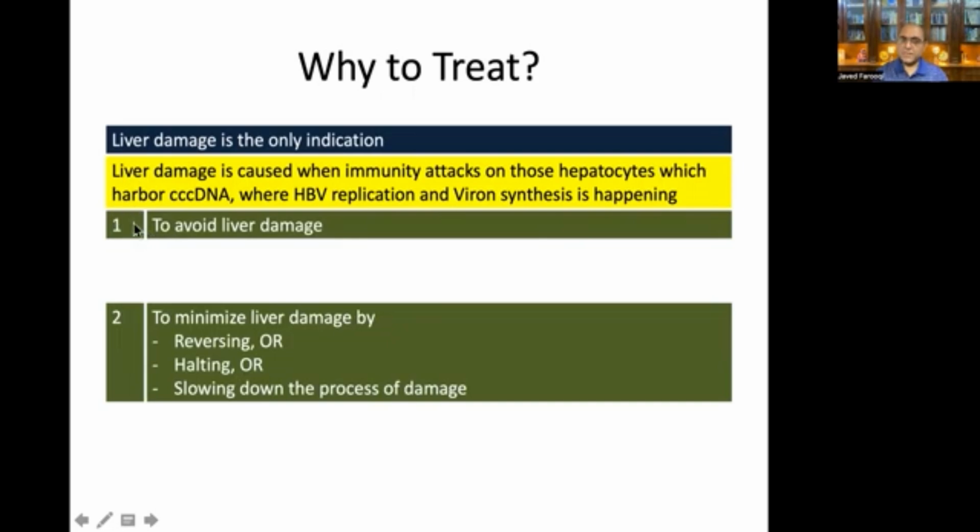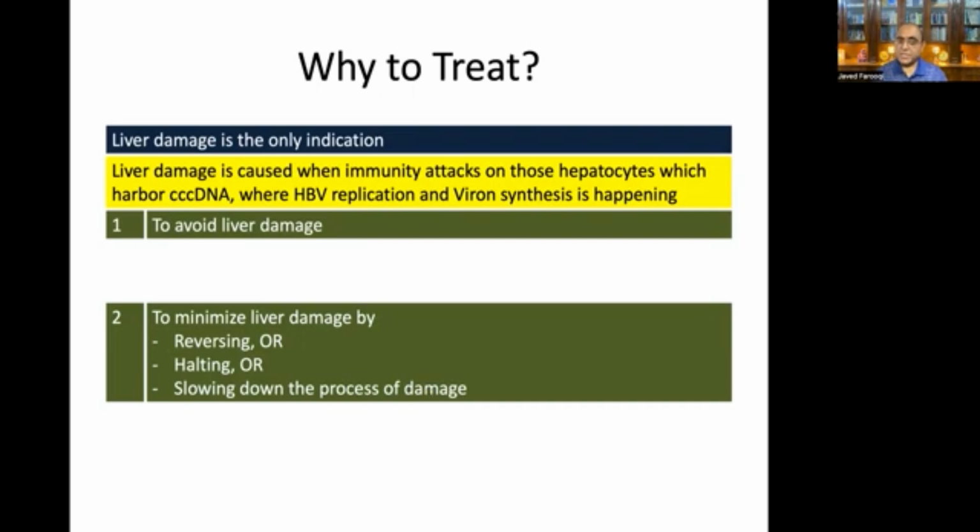So the first aim will be to avoid liver damage. Inflammation is there, and we want to stop the liver damage from happening. And the second is to minimize liver damage by either reversing, halting, or slowing down the process of damage. So the first indication is to avoid liver damage.